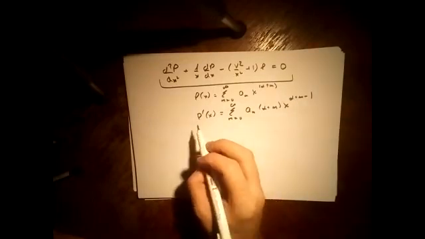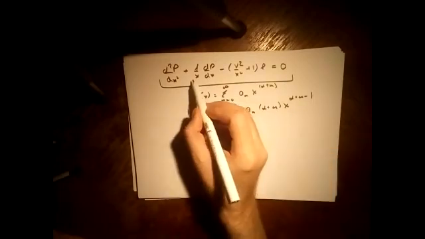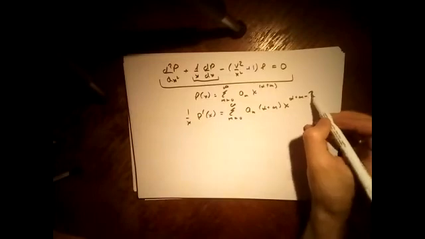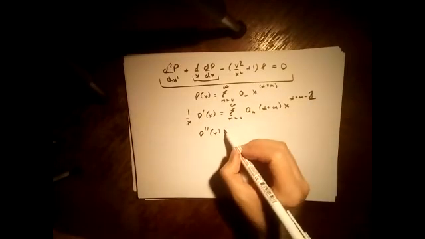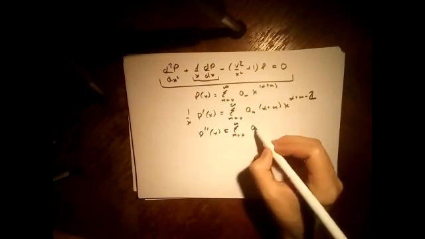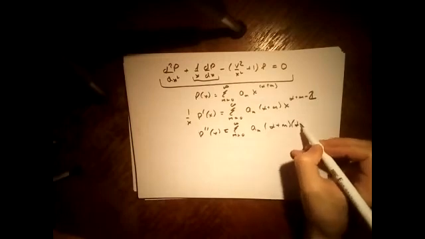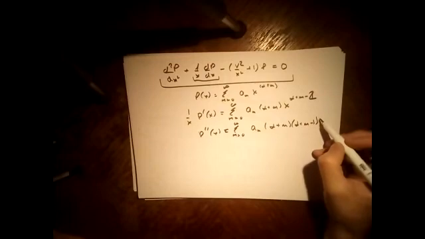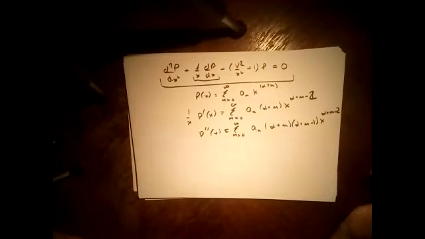And then I'm going to need to divide that by x because I'm really after this term. And then I also have p double prime of x, the sum from m equals 0 to infinity of am times alpha plus m times alpha plus m minus 1, times x to the alpha plus m minus 2. So that's what I have.